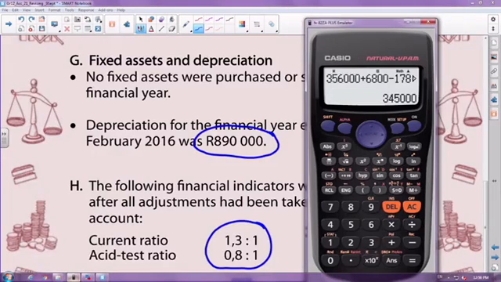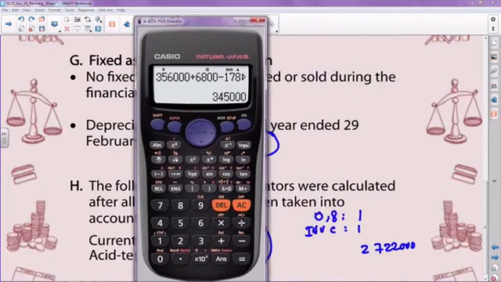I take my figure of 2,722,000. I'm solving for my unknown, remember, which is 0.8. So cross multiply times 0.8, and that gives me a figure of 2,177,600.